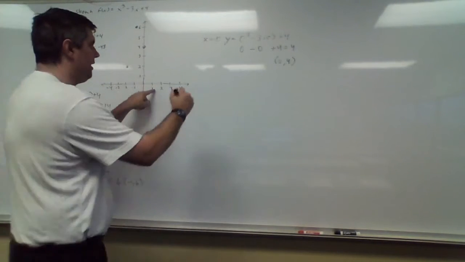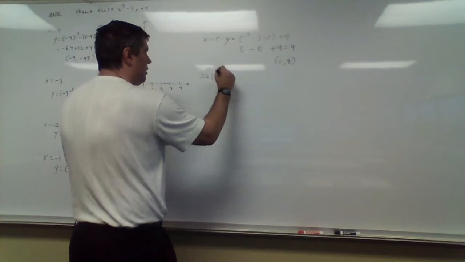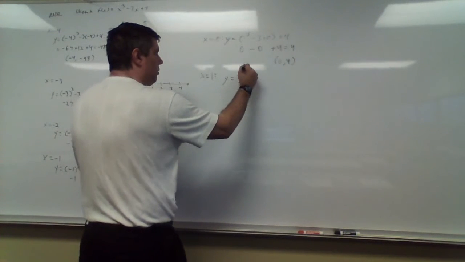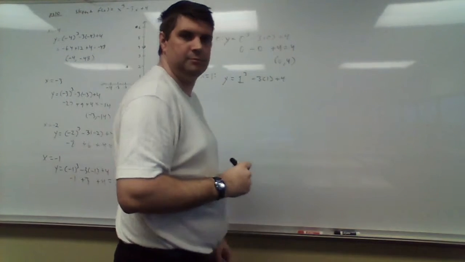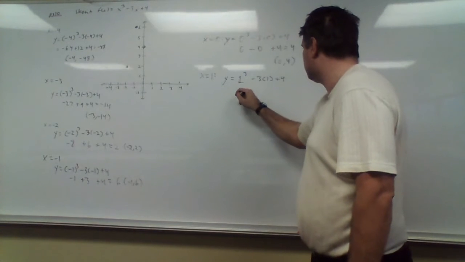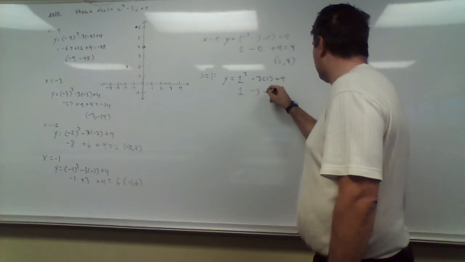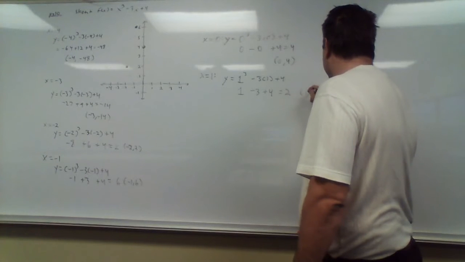Now we will do 1. X equals 1. Y equals 1 cubed minus 3 times 1 plus 4. So that's going to be 1 minus 3 plus 4. That's 2. So 1, 2.